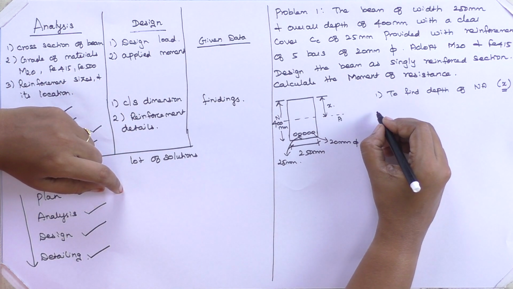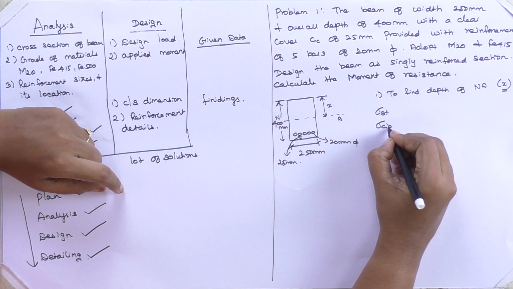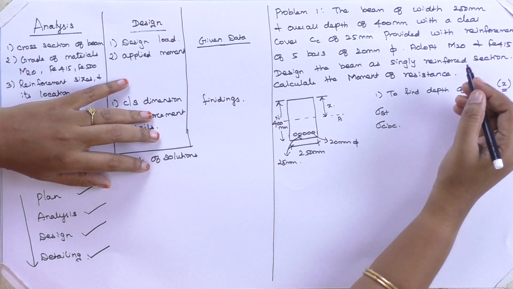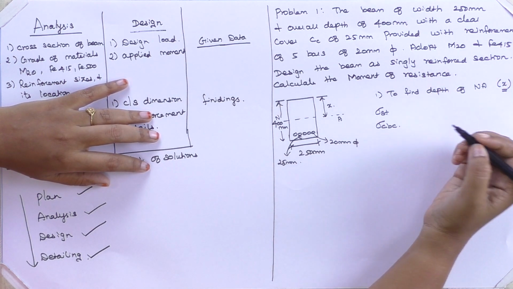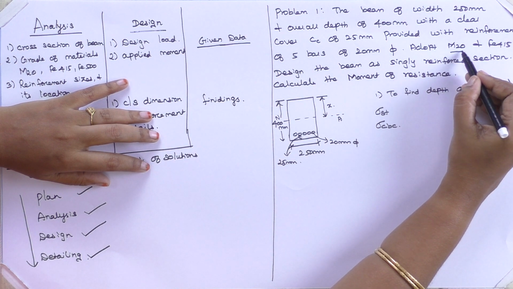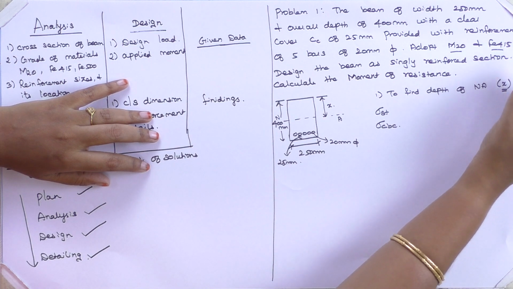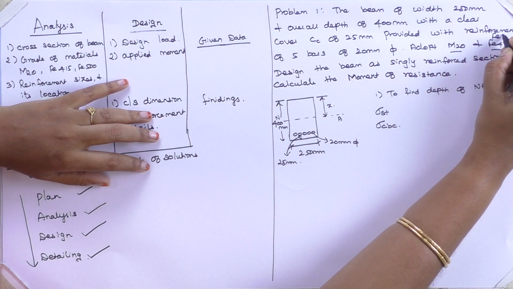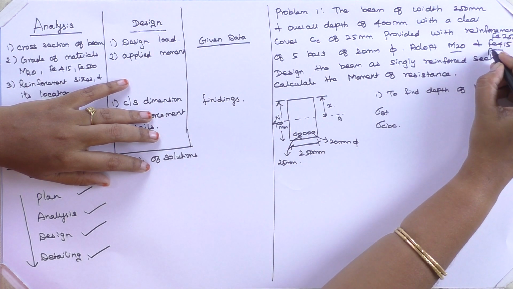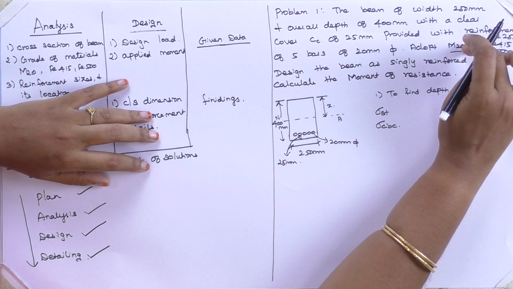That is sigma st and sigma cbc. Sigma st and sigma cbc are purely based on the grade given, M20 and Fe415, or else Fe250 also, Fe500 also. It is purely based on the values in the code book.